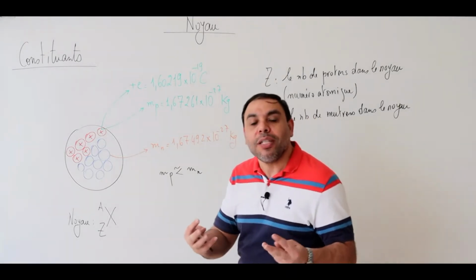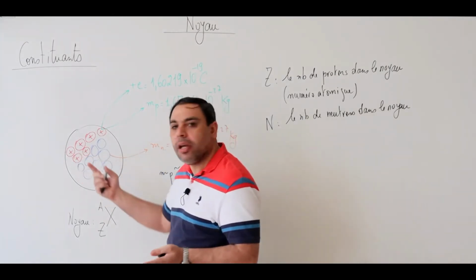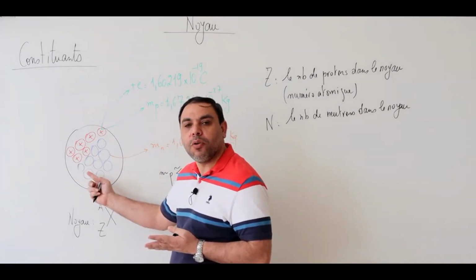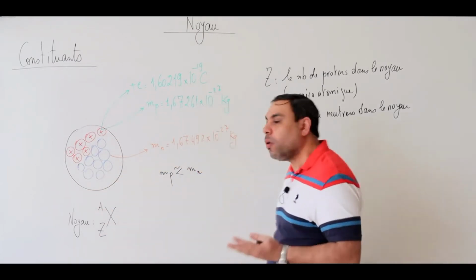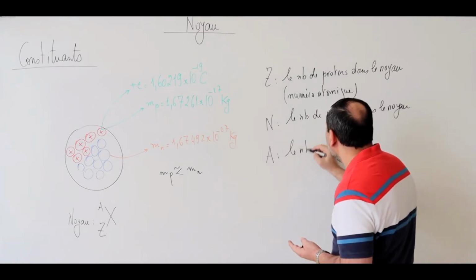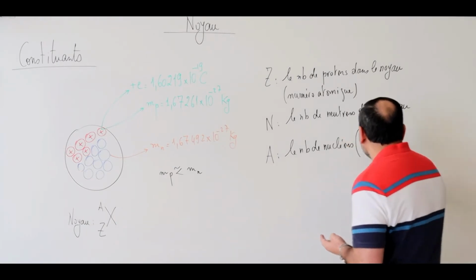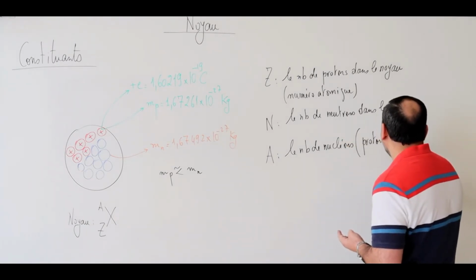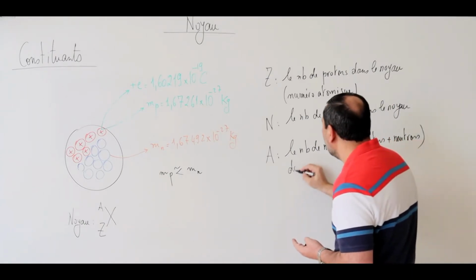The protons and neutrons are called nucleons. A proton is a nucleon. A neutron is a nucleon. The number of these nucleons is denoted as A, which is equal to the number of protons plus the number of neutrons in the nucleus.